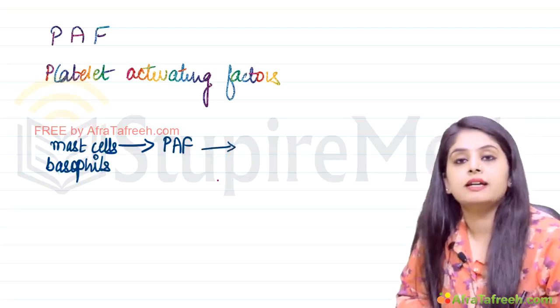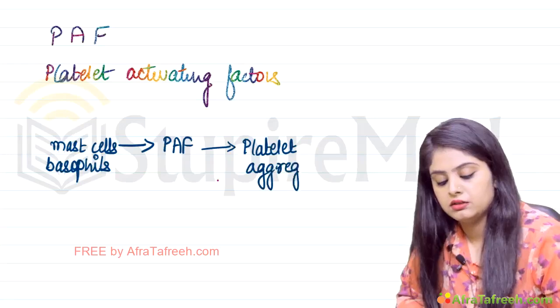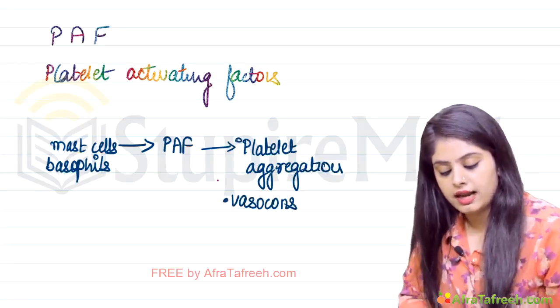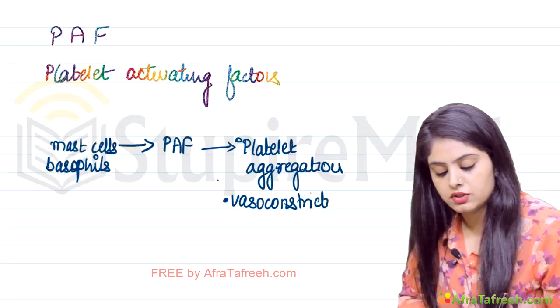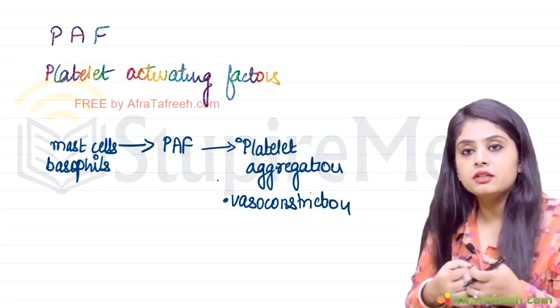What does this platelet activating factor do? It causes platelet aggregation and it causes vasoconstriction. So it is going to aggregate the platelets, it is going to constrict the blood vessels.